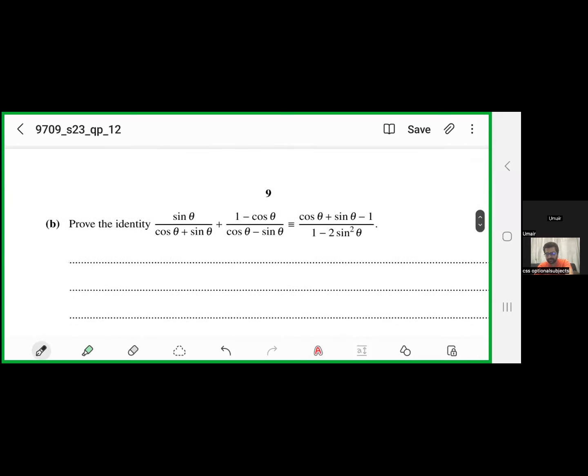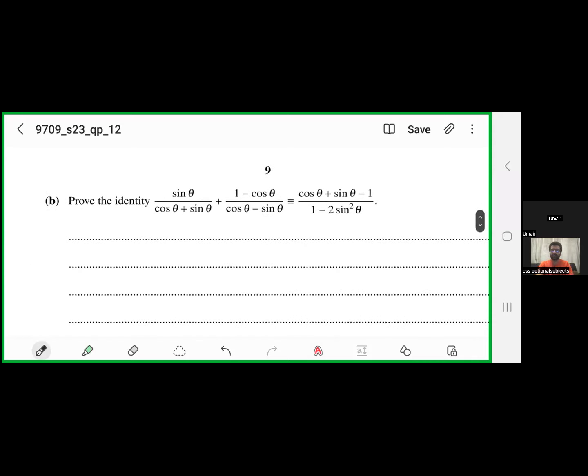The next one is prove the identity: sin theta over cos theta plus sin theta, plus 1 minus cos theta over cos theta minus sin theta is equal to this. Now, if you have to prove this identity, you can take the LCM on the left side of the equation.